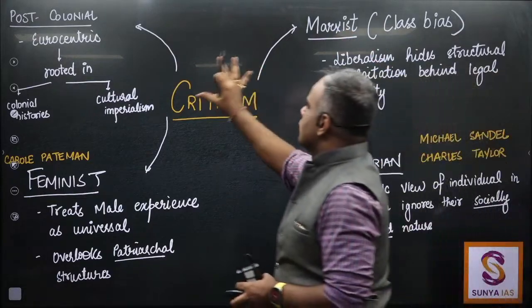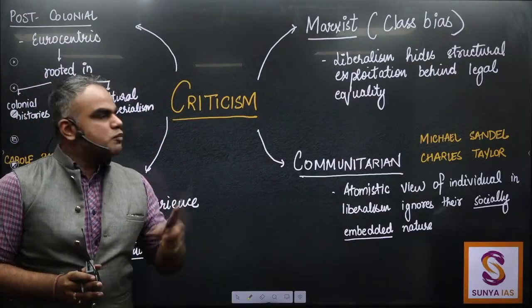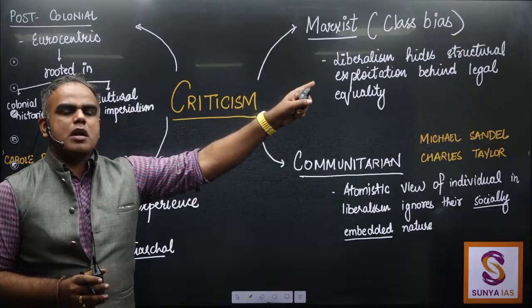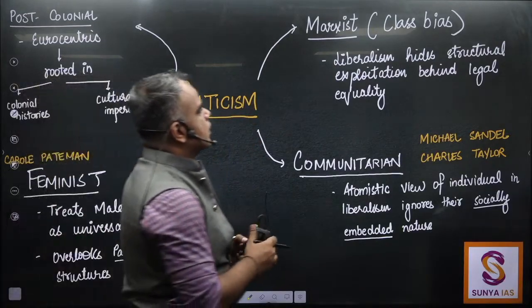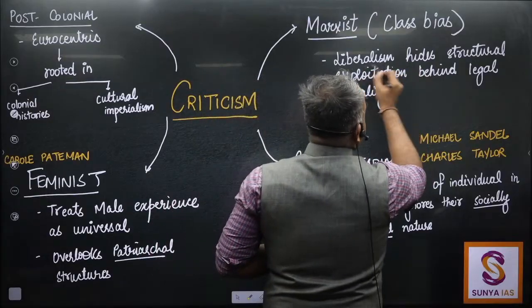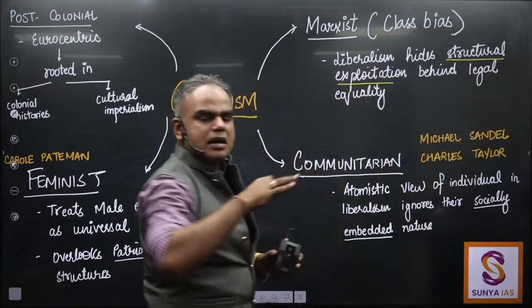Okay. So first, for example, the Marxist school of thought. The Marxist school of thought simply will talk about a class bias. How come? Marx says liberalism hides structural exploitation behind legal equality.